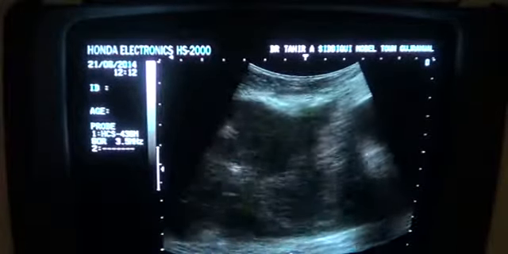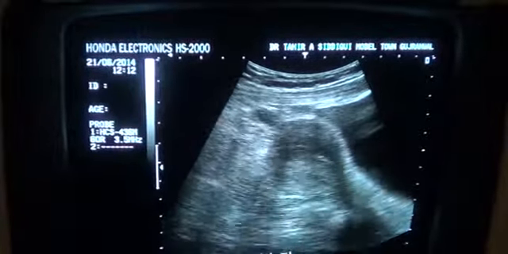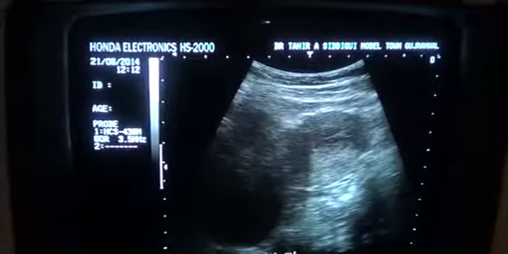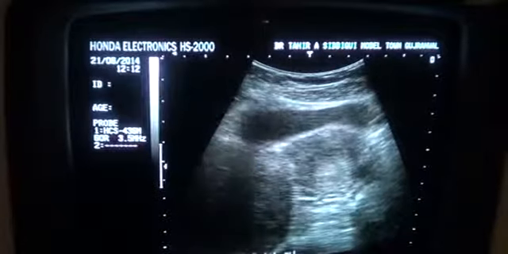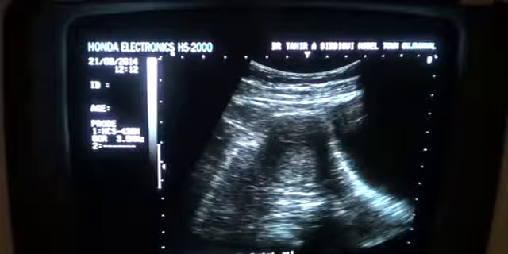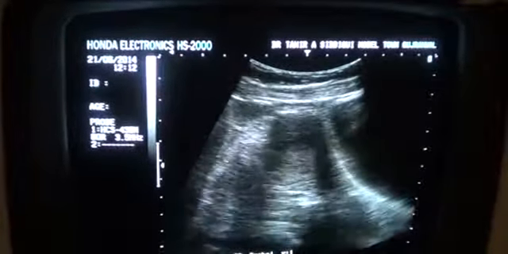It is a very large mass, and it extends. So, does it relate to the uterus? It does not seem to be relating to the uterus, as the uterine lining is seen clear and separate, and you can see here it is separate from the uterus.